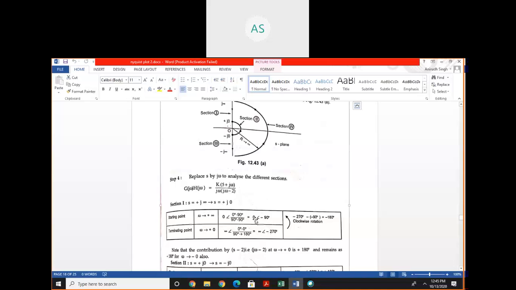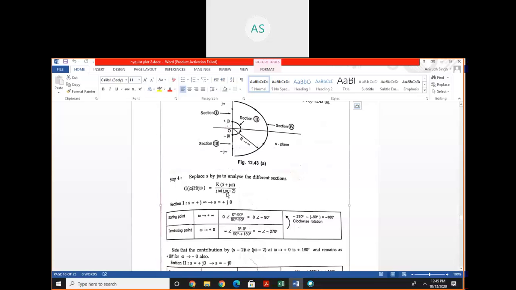For stability, N is equal to minus 1, meaning the Nyquist plot must encircle minus 1 plus j0 once in the clockwise direction. So this is G(j omega)H(j omega), which is equal to K(5 plus j omega) divided by j omega(j omega minus 2).